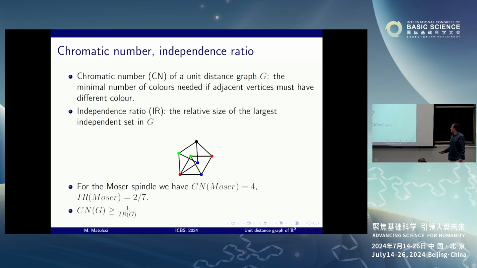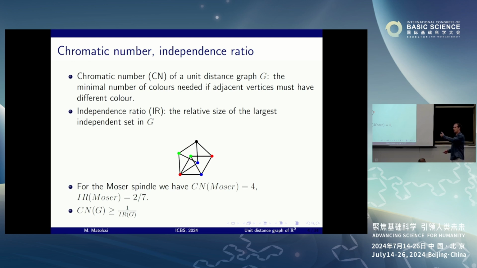And there is an easy argument. You can convince yourself in 5 minutes that for any graph, the chromatic number is larger than or equal to 1 over the independence ratio. Why is that? Because one color class can only color 2/7 of your spindle.